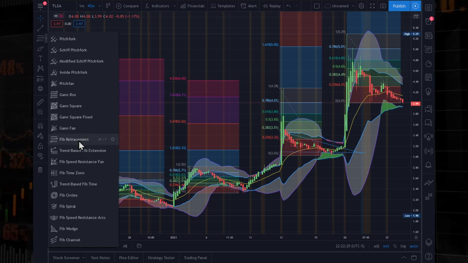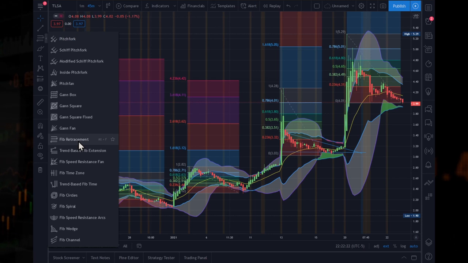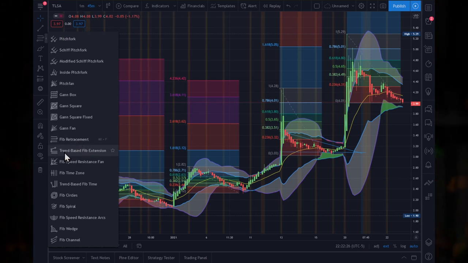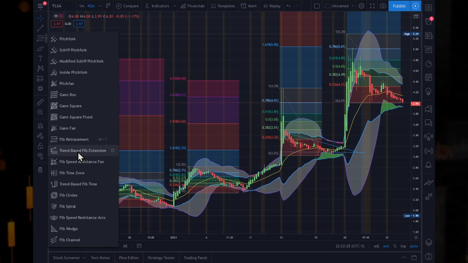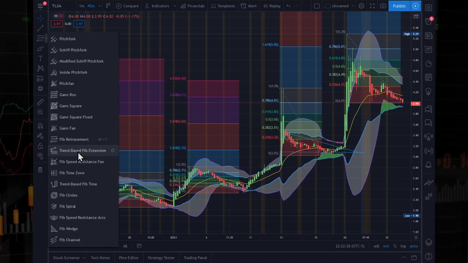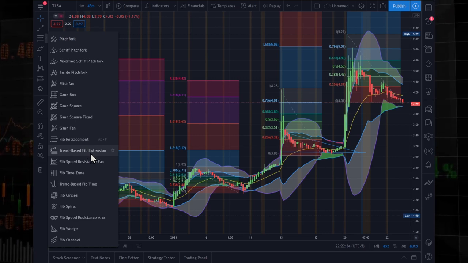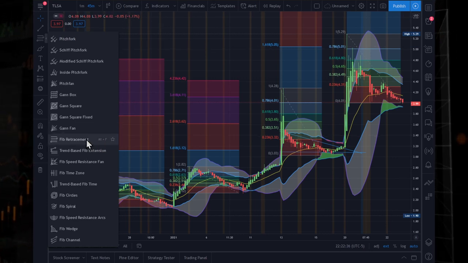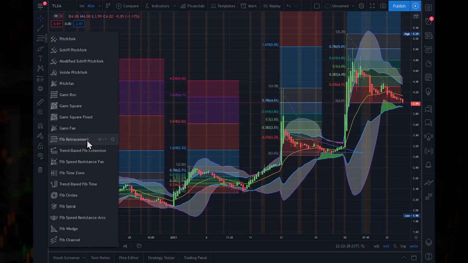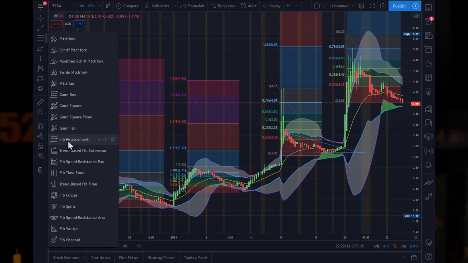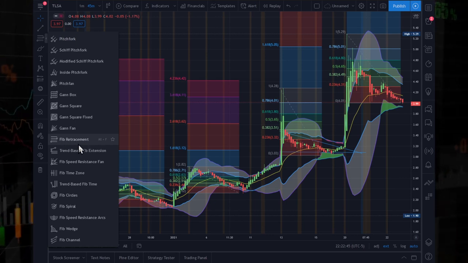Always. Take note, you have Fibonacci retracements, which is what you're seeing on my chart. Then on TradingView they have trend-based fib extensions, while on ThinkOrSwim it's just Fibonacci extensions. And that's actually different. The Fibonacci extension and trend-based extension are different.